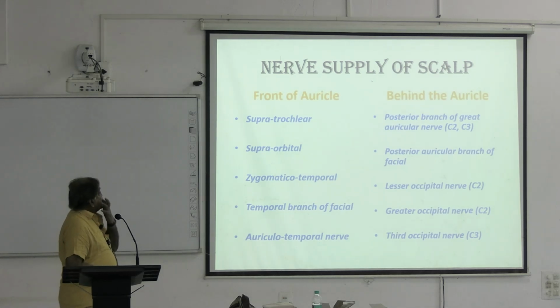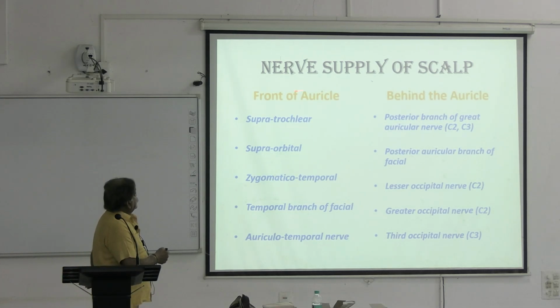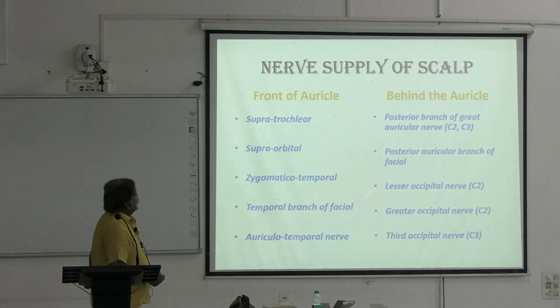The nerve supply of the scalp: in front of the auricle, supratrochlear, supraorbital, zygomaticotemporal, temporal branch of the facial, auriculotemporal nerve.